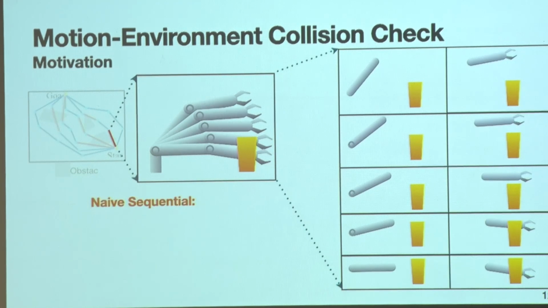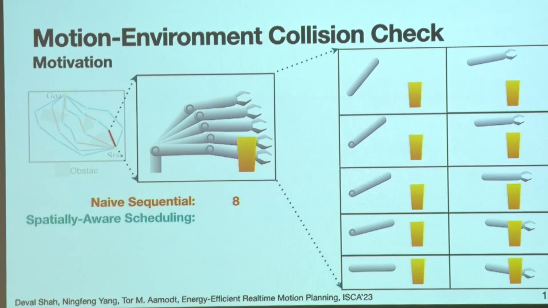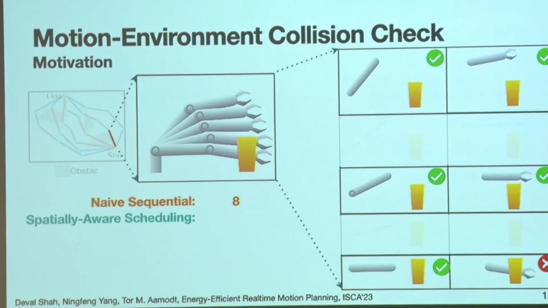For naive sequential execution, all these queries are executed one by one, and if we find a collision, we can terminate the execution. In our prior work, we proposed a spatially aware scheduling policy that uses a heuristic to determine the order of these queries such that we can find a collision earlier with fewer queries, if there is one.